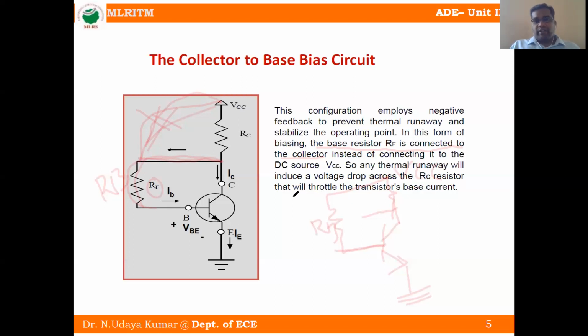Any thermal runaway will induce a voltage drop across the RC resistor that will throttle the transistor base current. So this is the concept, just a modification from fixed bias.